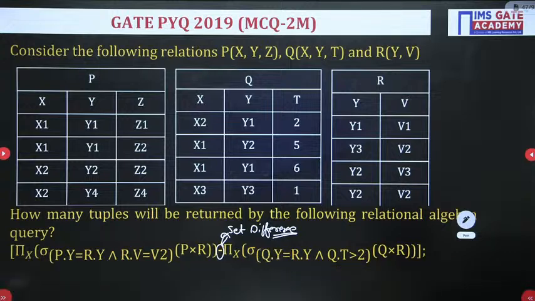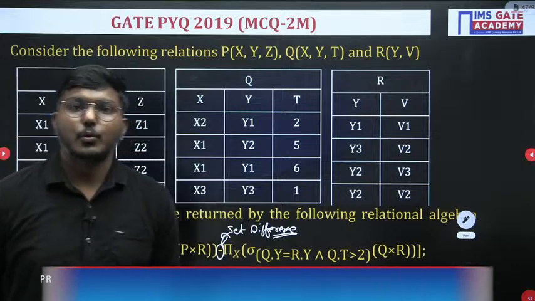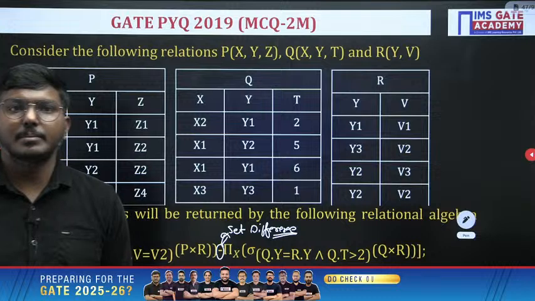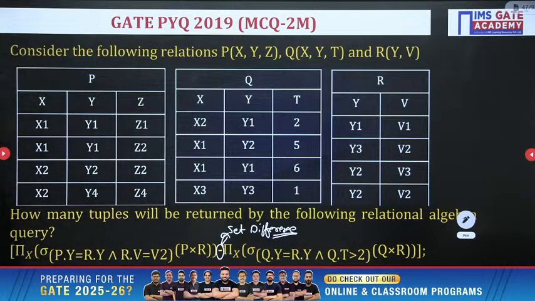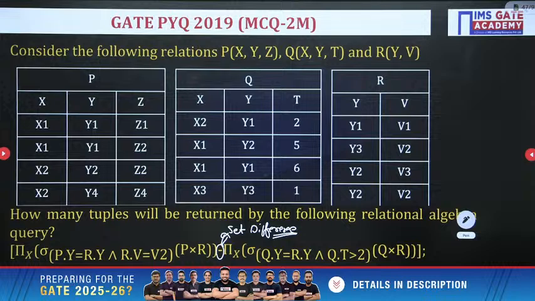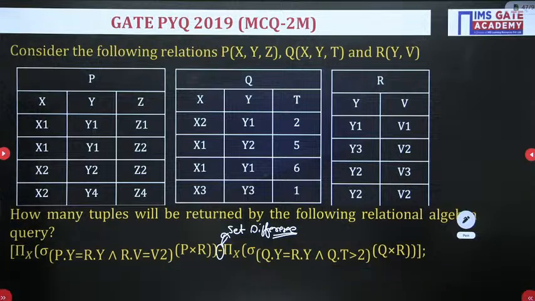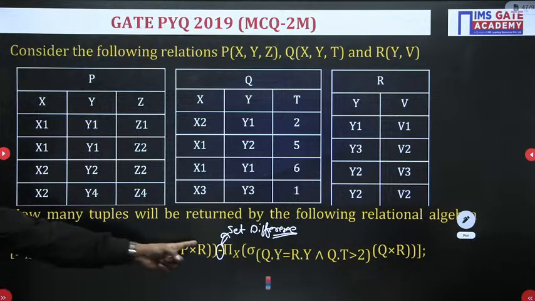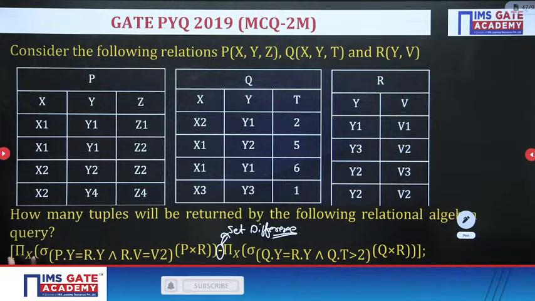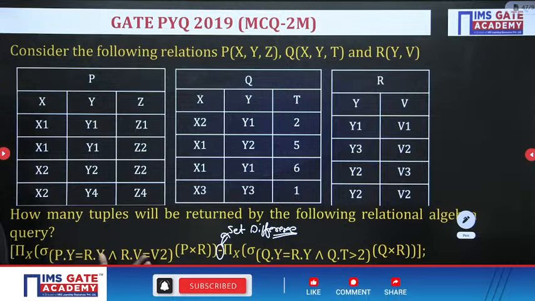One tuple. Yes. And what is that value? Prabha? One tuple. X2. Not X2, be careful. What is the result of this first set? P cross product R, then condition, and then here X. What is the value of this set?